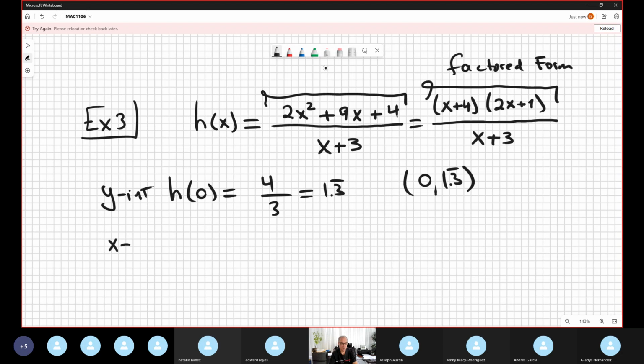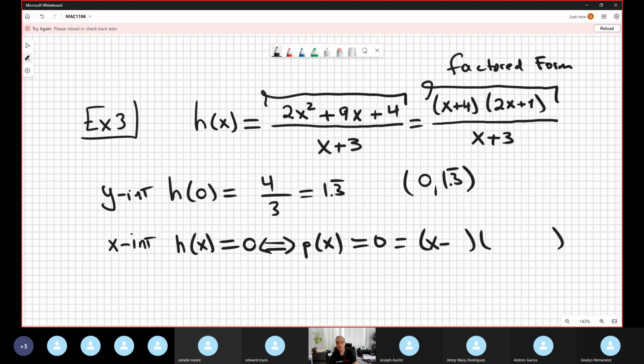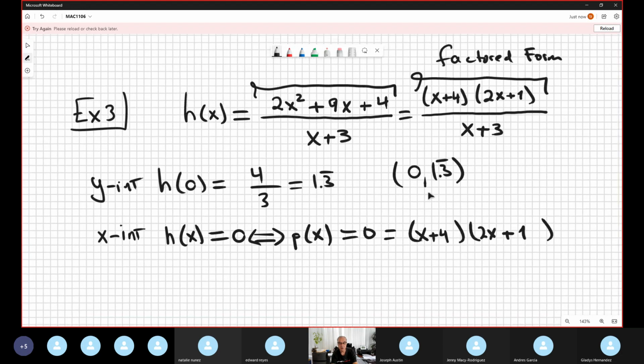And the x-intercept, remember, is when the function is 0, which is equivalent to the polynomial at the top only. I ignore the polynomial at the bottom equal to 0. I copy it in factored form, which is easy to see: x plus 4 times 2x plus 1 equal to 0.